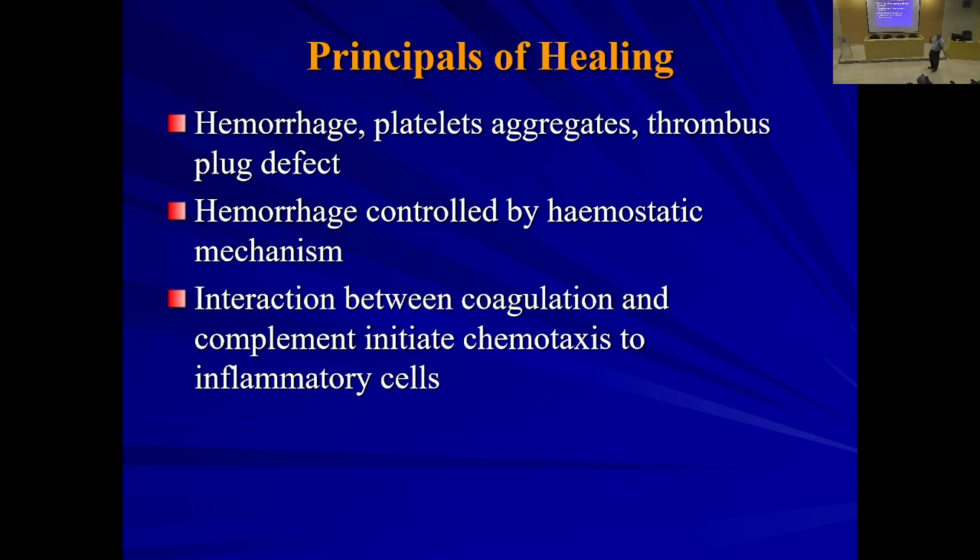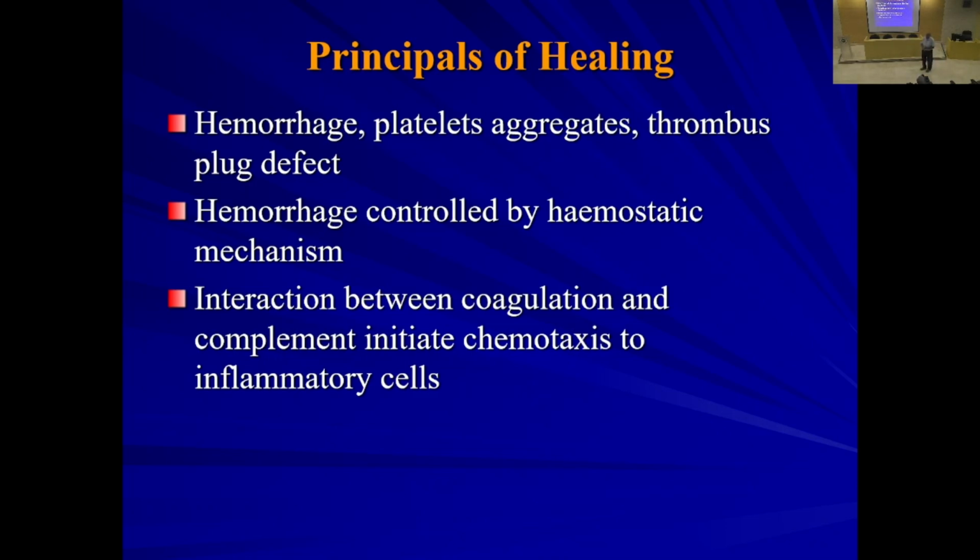Again, like in the hematoma of the inflammatory phase of the fracture. The hemorrhage, as in the fracture as well as in the skin, needs to be stopped and removed by the hemostatic mechanism of the clotting system of the body.